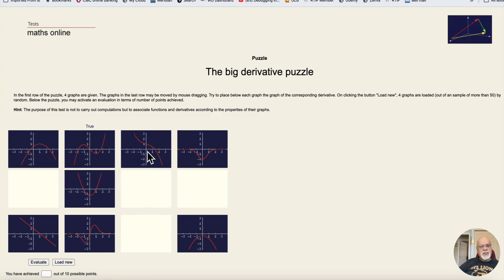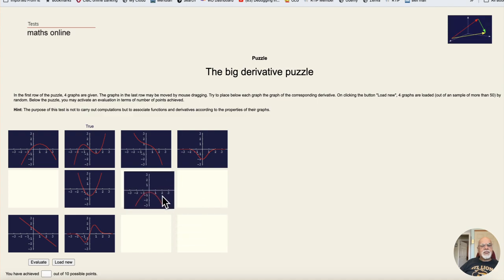This next one, the third graph here, also looks like a cubic, except it's going from Q2 to Q4. Its leading coefficient must have been negative. And so its derivative would also be negative, and a parabola at that. So this one must be going here.